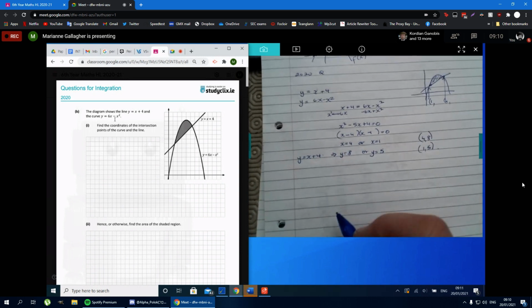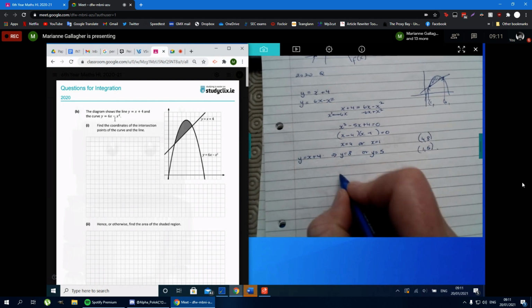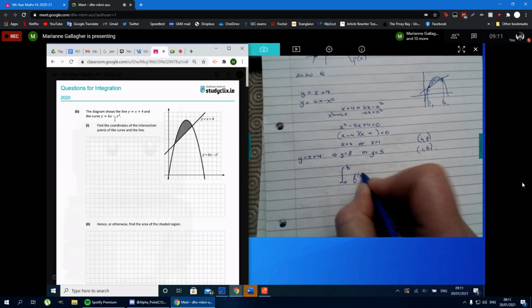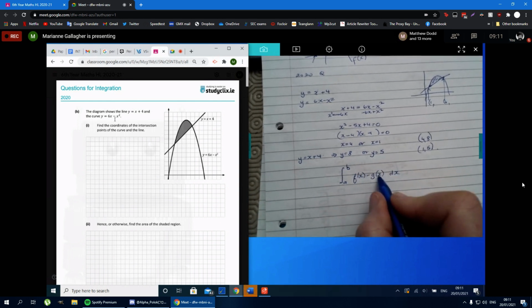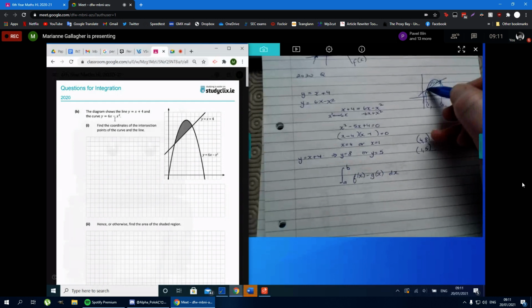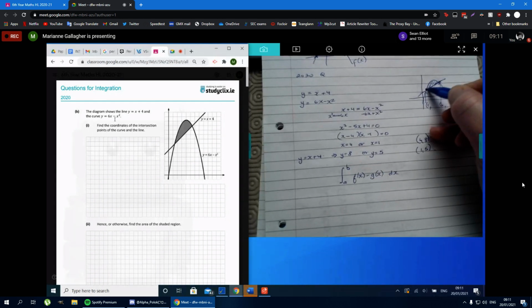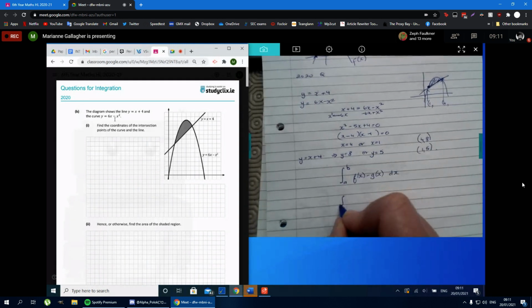Hence or otherwise, find the area of the shaded region. So I'm going to integrate from a to b of f of x minus g of x dx, where f is the top one and g is the bottom one. I can see the top one here is the curve. When I start here and go to here, the line is under the curve for that whole time. So it's starting at 1, finishing at 4.